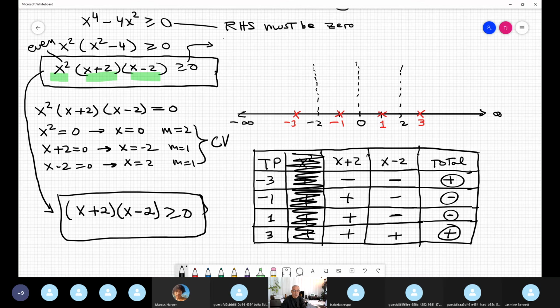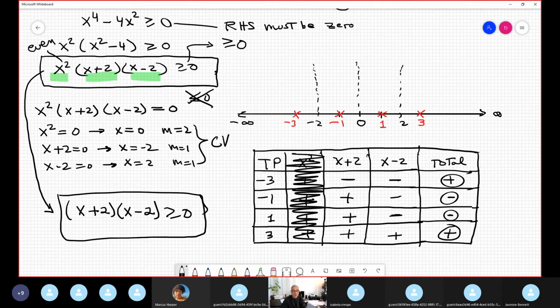It does not always happen. I promise that next time we analyze what happens when it's less than, but not today, is equivalent to say positive, no? So the true ones get the solution in the positive, to say this is true and this is true. Not necessarily to write true, you put the check mark and that's it.